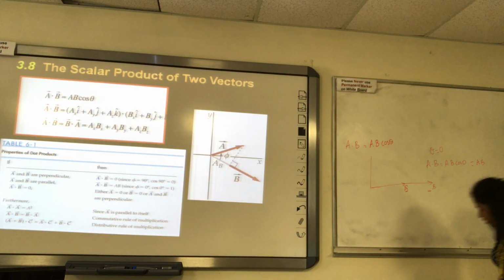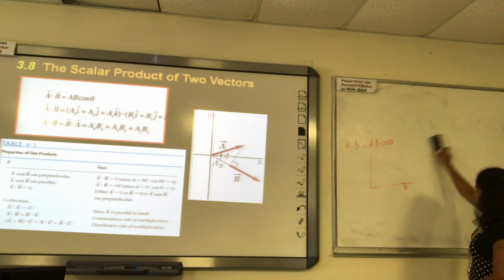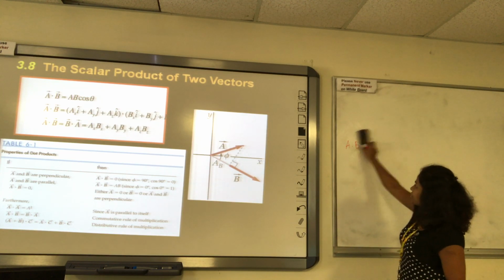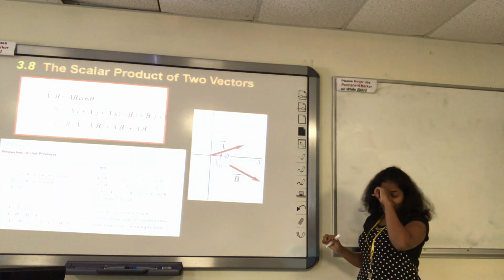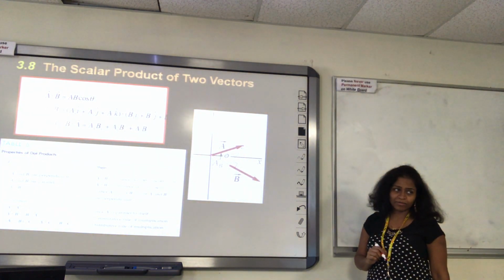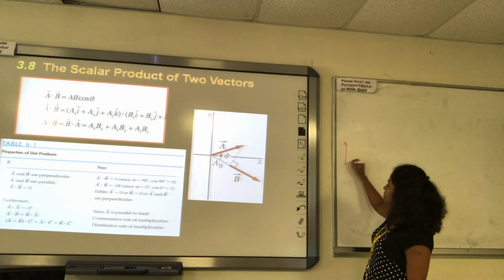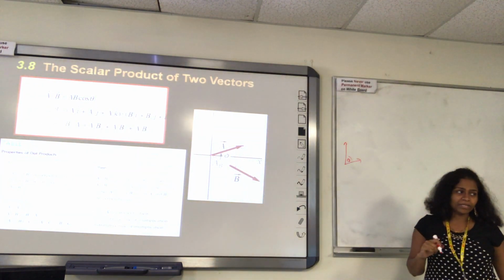And when you do the dot product of two vectors, if I gave you the angle between them, you do AB cosine theta like that. If one is like this, one is like this, and the angle is whatever, then you do the first formula right there.